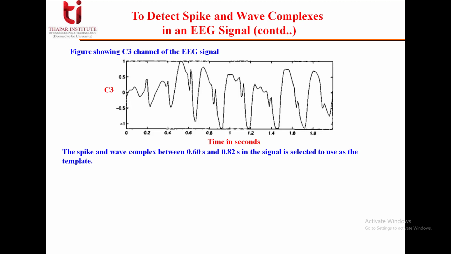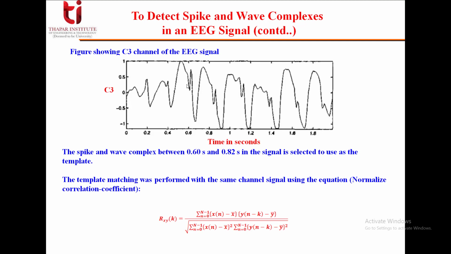So we have chosen this interval, the spike and wave complex between 0.60 and 0.82 second in the signal, to be used as a template. Now the template matching was performed with the same channel using the normalized correlation coefficient. We can compute it using this equation.